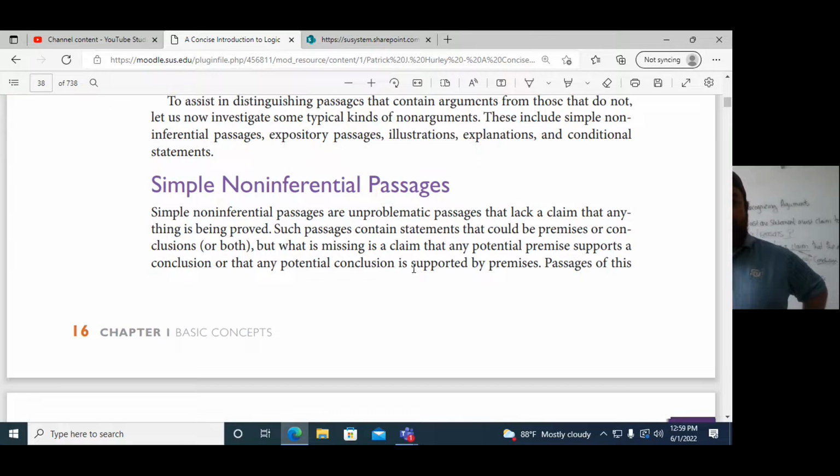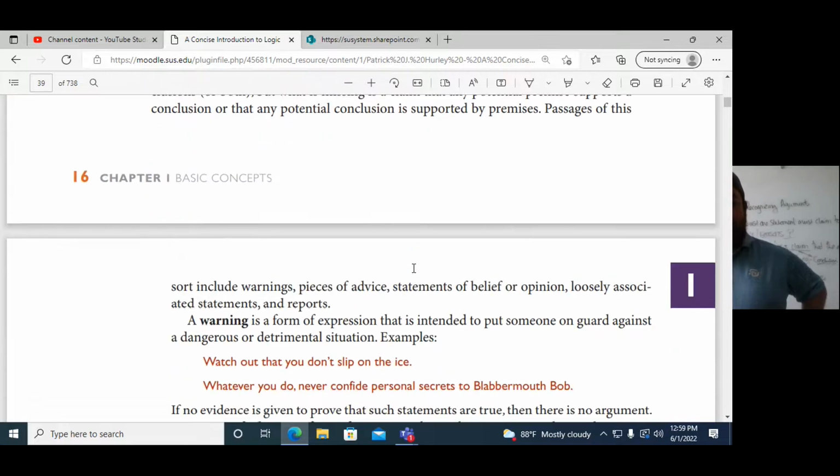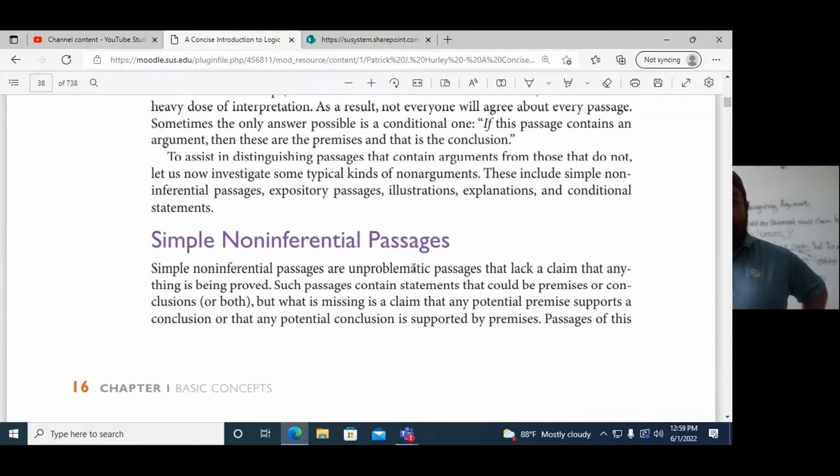So here are the simple non-inferential passages. Let's go over them. Simple non-inferential passages do not possess properties 1 or 2 in recognizing arguments, so they're something else. They're a conception or use of language that does not have premises or conclusions, and they definitely don't have an inferential link between premises and conclusions.